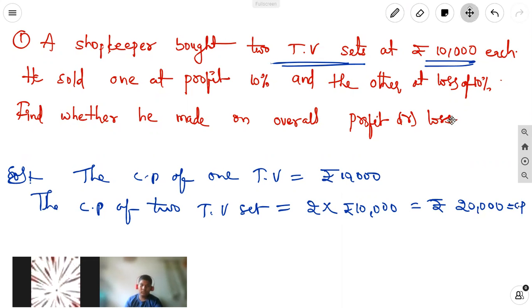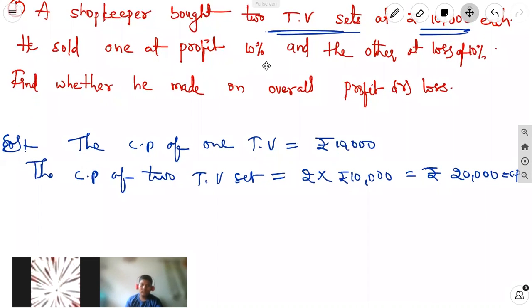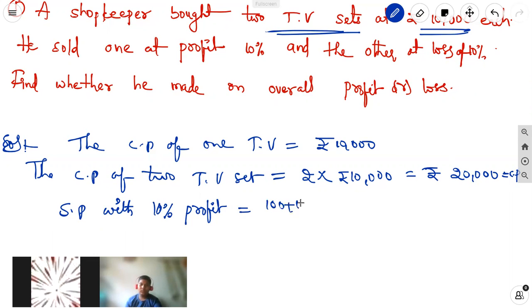Okay, next, he sold one at a profit of 10%. One TV, selling price with 10% of profit, that is equal to 100 plus 10 by 100, that is 100 rupees.